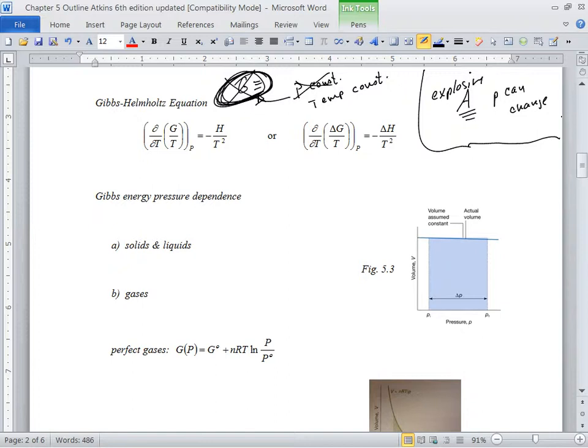And why do they have this in the first place? Well, we're not going to derive this, but let me write it down. Oh, it's supposed to be a little subscript. Let me write it down and then we'll say what it is.